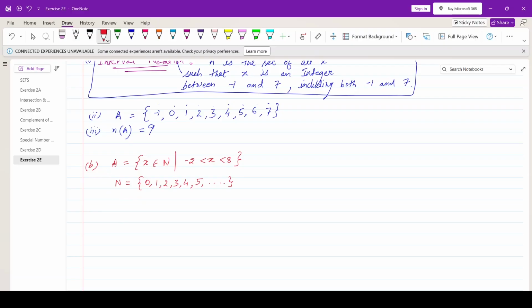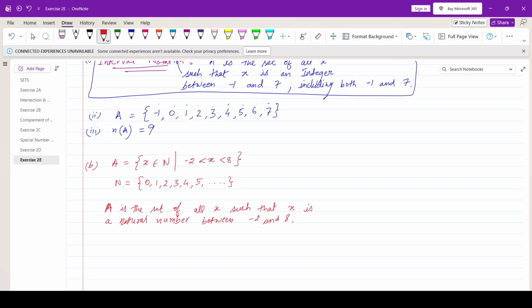Therefore, we can say A is the set of all x such that x is a natural number between -2 and 8, and none of them is included.